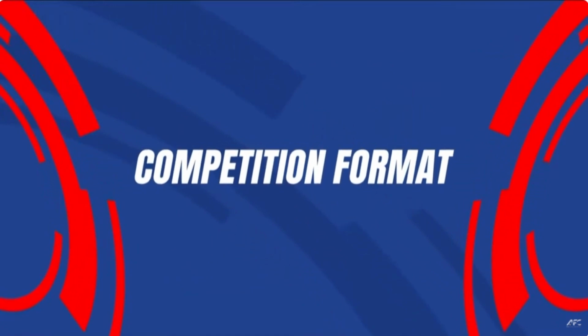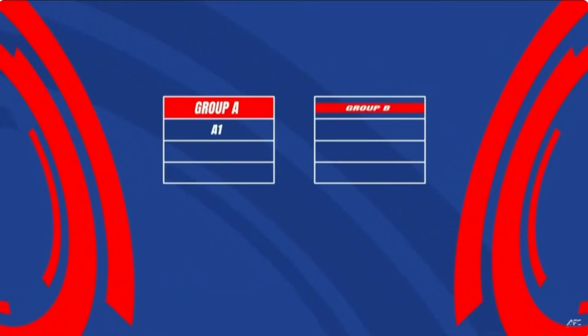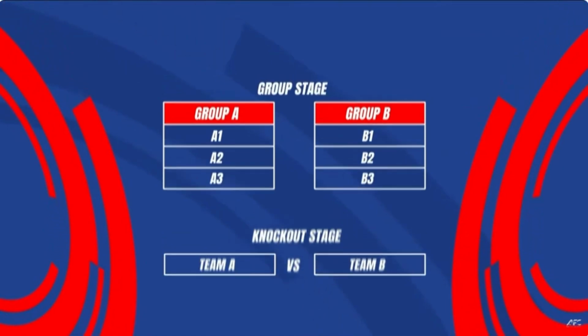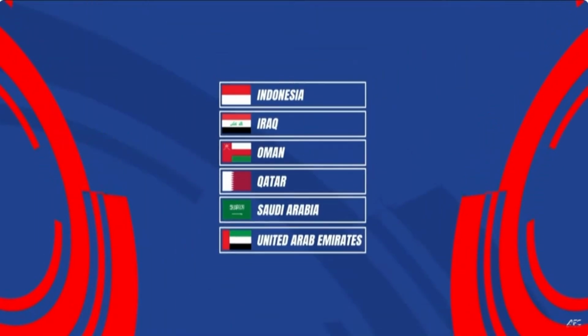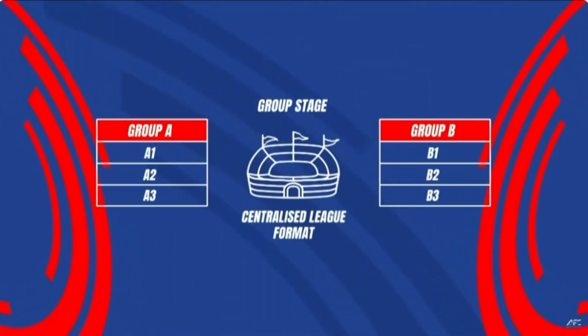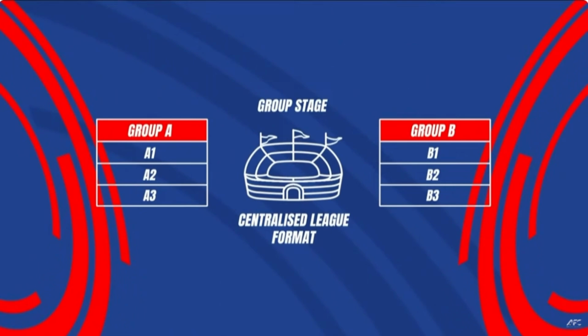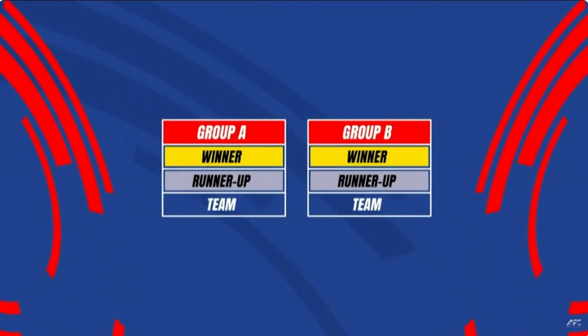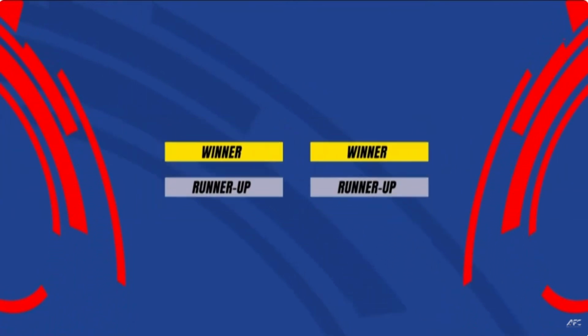Competition format. The AFC Asian Qualifiers Road to 26 Playoffs shall consist of a group stage and knockout stage as follows. 6 participating teams will be divided into 2 groups, with each group to be played in a centralized league format. The following match sequence shall apply for the group stage. Following the completion of the group stage, the runners-up of each group shall qualify for the knockout stage.